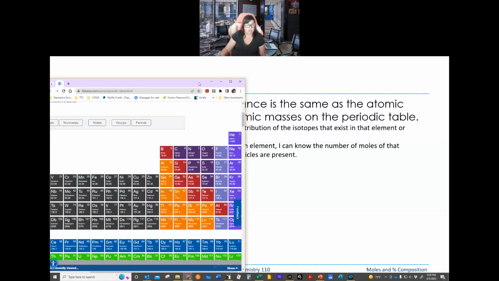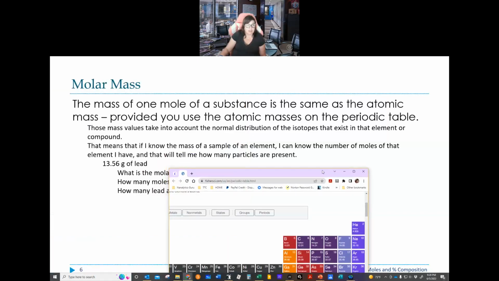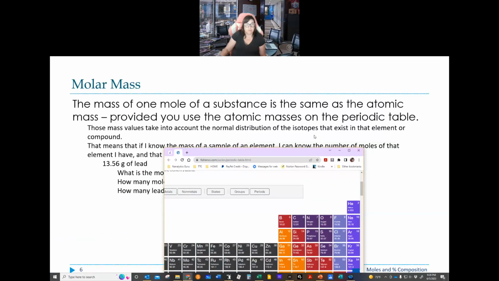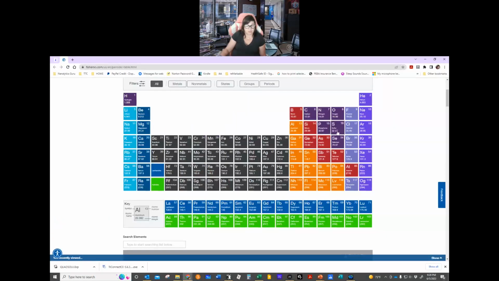But if I'm talking about molar masses, I know that if I have 1 mole of this material, then I also have 16 grams of that material. So I can list it as AMU if I'm talking about a single particle, or I can list it as 16 grams if I'm talking about a mole. So that's what's going on there.